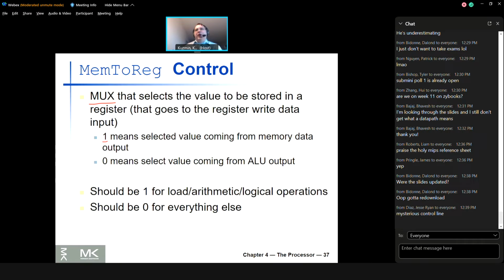And so we are writing to the register the value that was read from memory. Load is an example where the value is coming from memory. And 0 means that the selected value is coming from the ALU output, so it's all other instructions, such as arithmetic and logical operations.